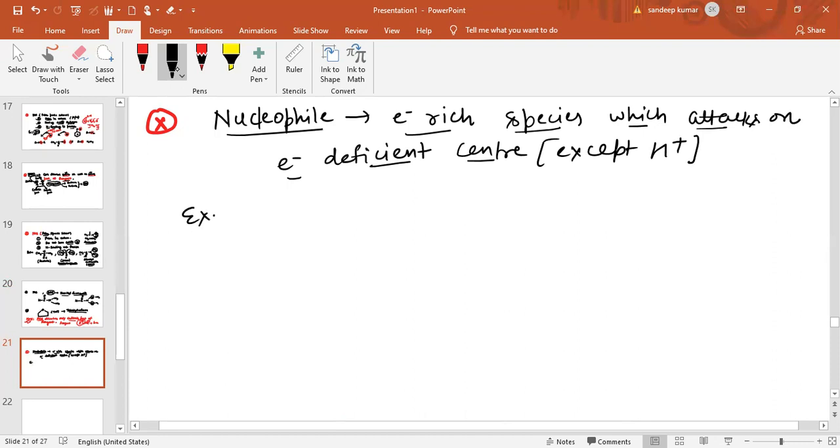For example, the compound is given like this, CH3Cl, and this is OH negative. We know this OH minus is electron rich, so it will attack.